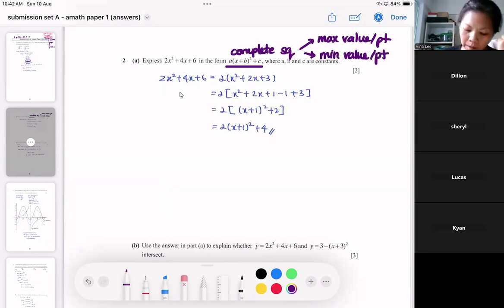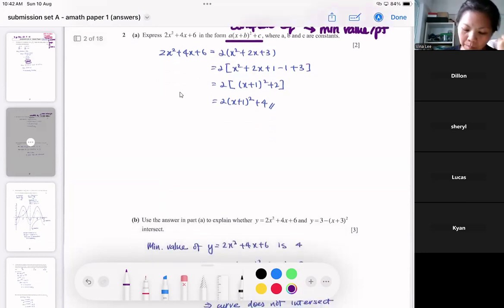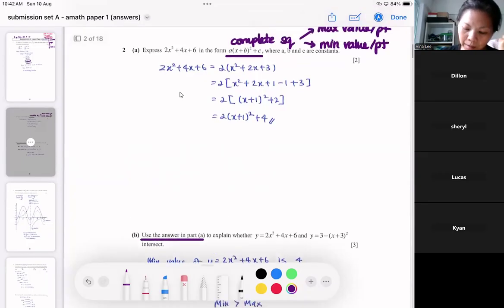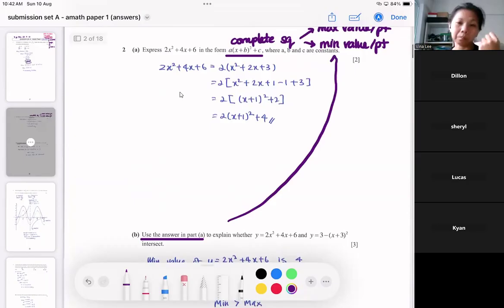So when they say that you have to use the answer in part A, you have to apply this idea. Anyone who gave me a simultaneous equation, I will not be giving you marks. Some of you try to do simultaneous equations to show that it doesn't intersect. It's not wrong.